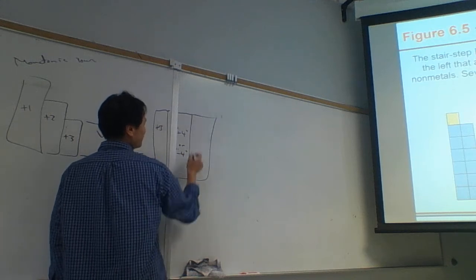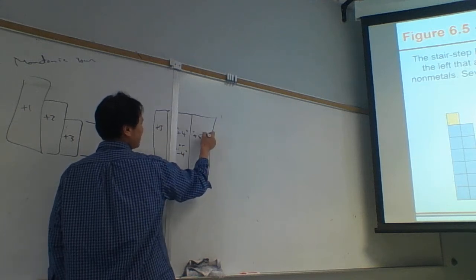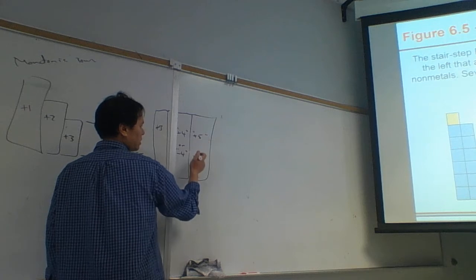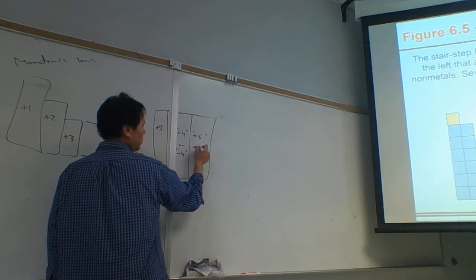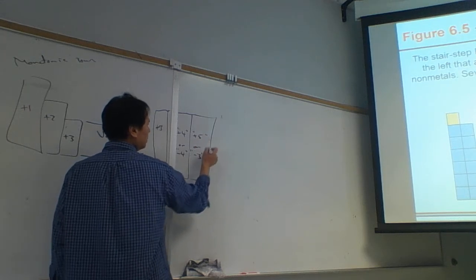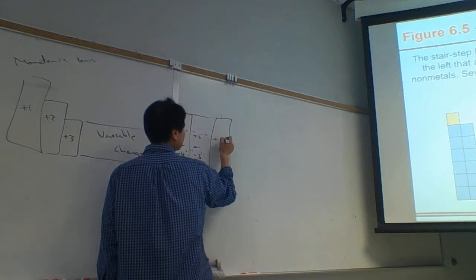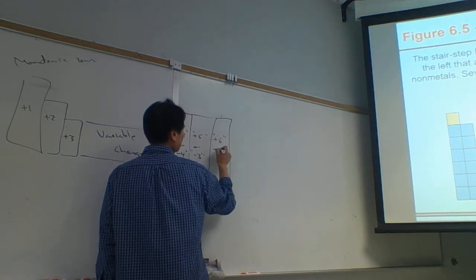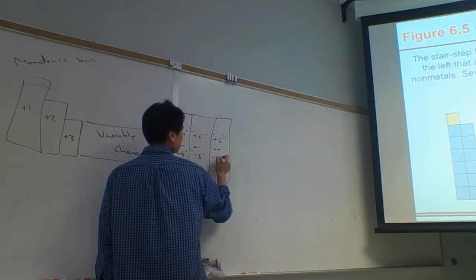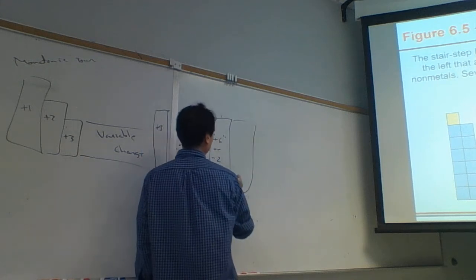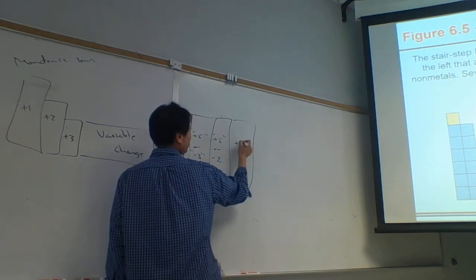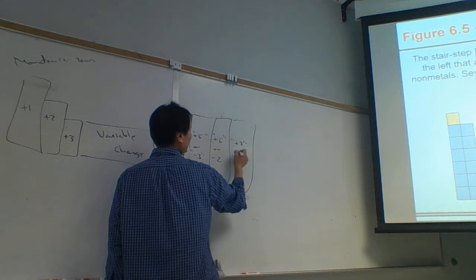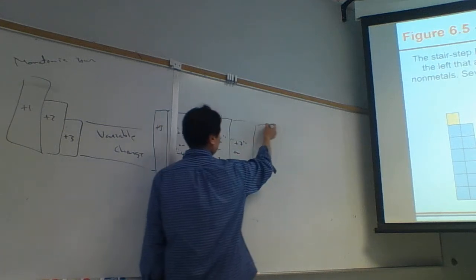And the next one is either going to be +5, which is getting less likely, because the higher the charges get, the less likely it becomes, or -3. The next one is going to be +6 or -2. The next one is going to be +7 or -1.